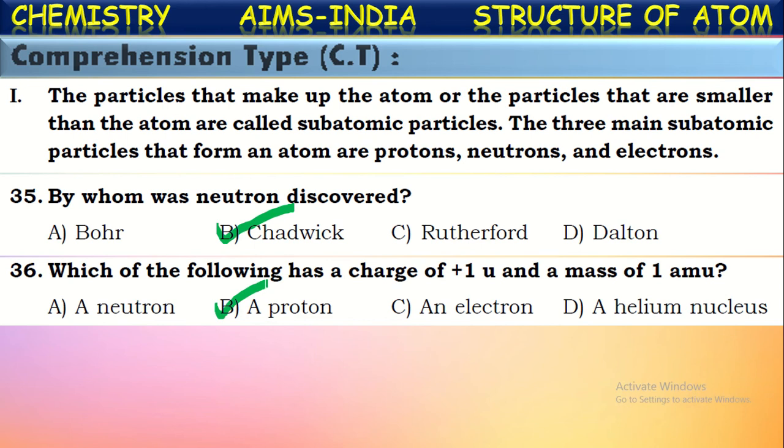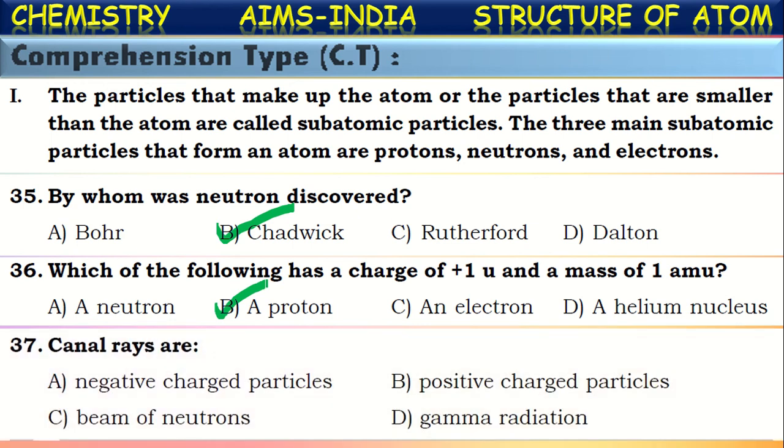The neutron has 1 unit mass, that is 1 atomic mass unit, but no charge. But here the particle with 1 unit positive charge and 1 unit mass is a proton.